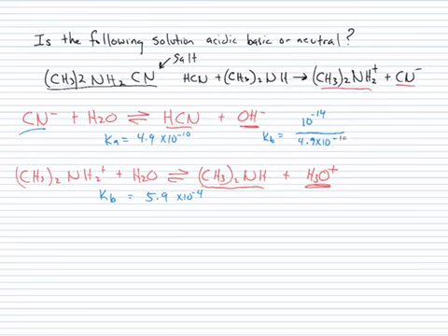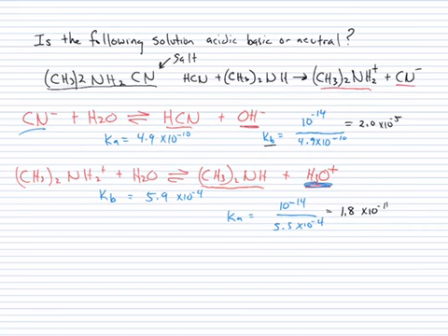Likewise, in the bottom reaction, our second reaction, we're going to have to find the Ka because we're producing hydronium, not hydroxide. So the way to do that is to take 10 to the minus 14 and divide that by the Kb, which is 5.9 times 10 to the minus 4th. When we solve for the Kb of our first reaction, we get 2.0 times 10 to the minus 5th.